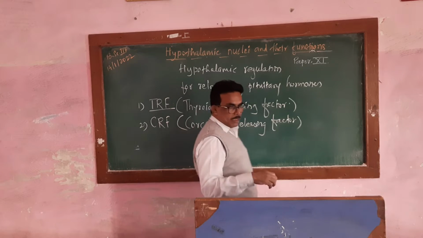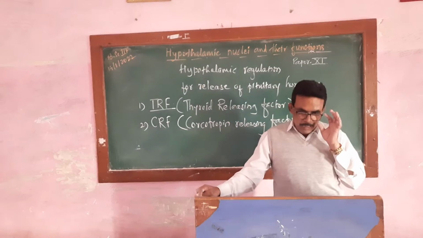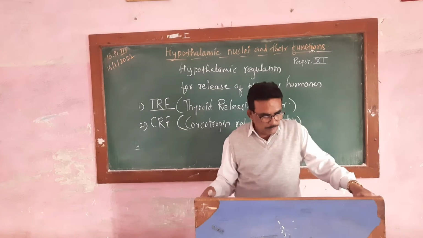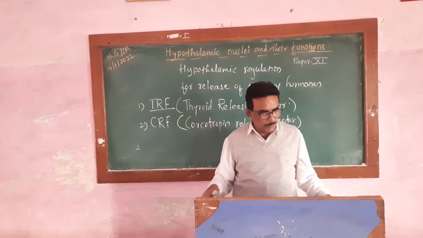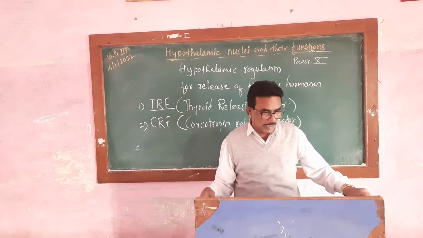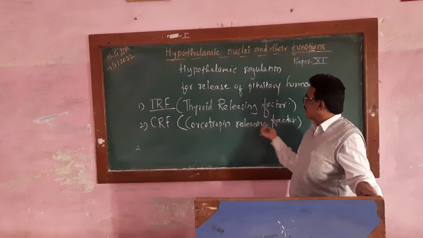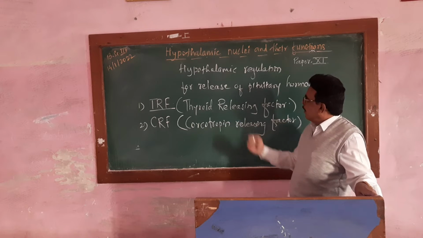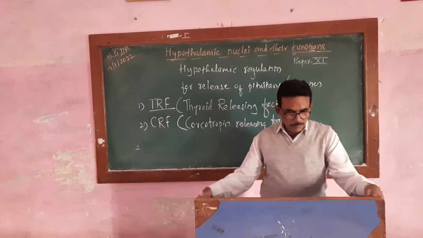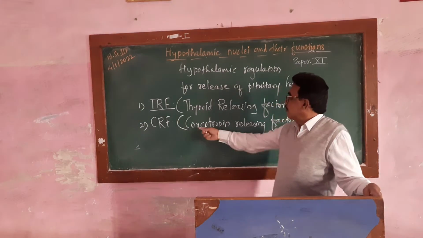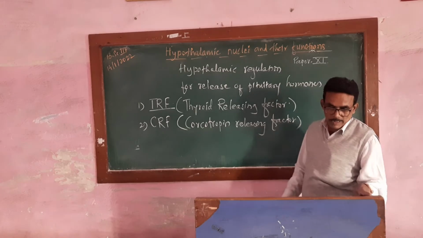So this is the second releasing factor, which causes release of the adrenocorticotropin hormone or corticotropin from the anterior pituitary. So this is another factor which will act on the anterior lobe of the pituitary.